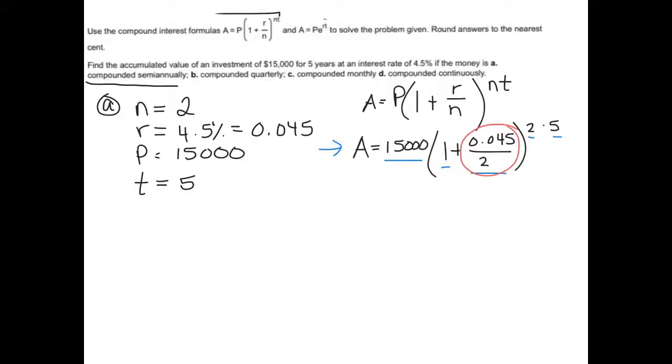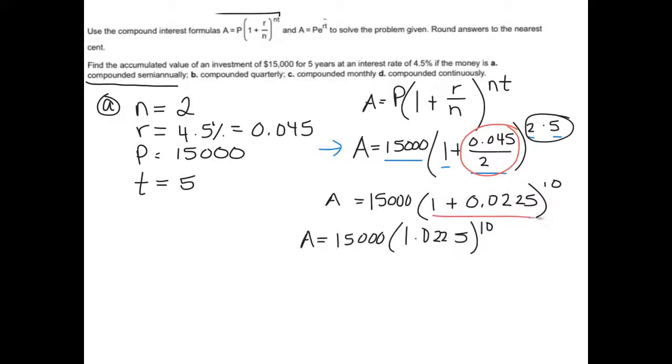When we do that calculation, we get 0.0225. And then we're going to multiply the exponents together, and 2 times 5 is 10. Now we have A equals 15,000 times (1 plus 0.0225) raised to the 10th power.